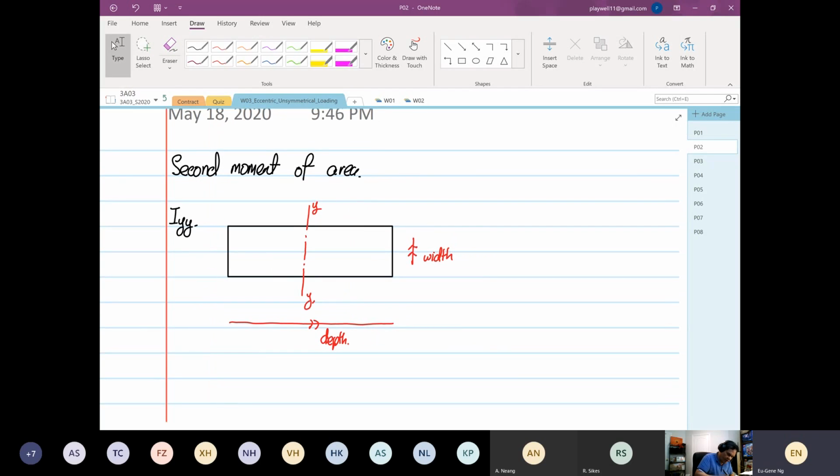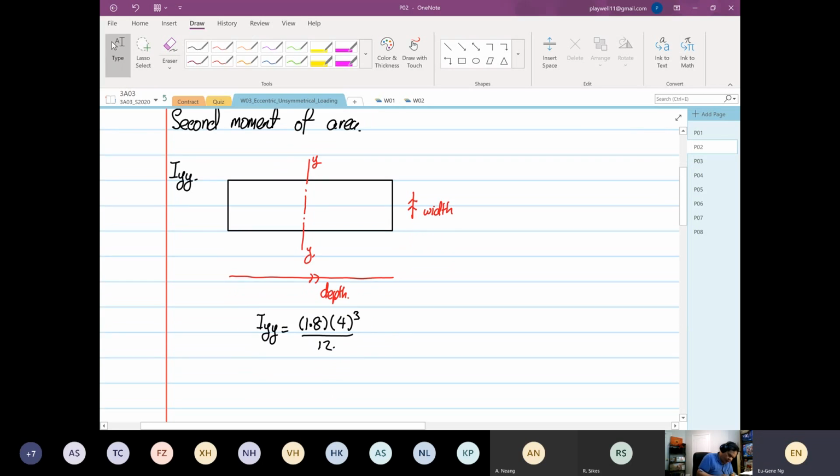So you will have Iyy equal to the width, 1.8, and then the depth, 4 cubed, divided by 12. So the outcome of this is 4 to the power 3 times 1.8 divided by 12. So it's 9.6 inches to the power 4.